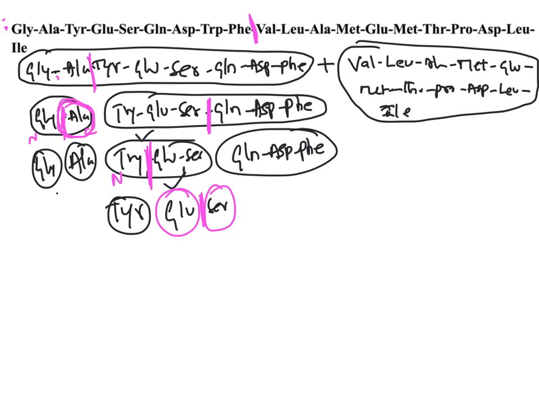Now let's talk about how to digest glutamine, aspartate, phenylalanine, that particular structure. We have carboxypeptidase A enzyme, which is specific for carboxyl terminus hydrophobic amino acids, and phenylalanine is a hydrophobic amino acid. Your carboxypeptidase A can break this particular bond and give you glutamine, aspartate on one side and phenylalanine amino acid is released.